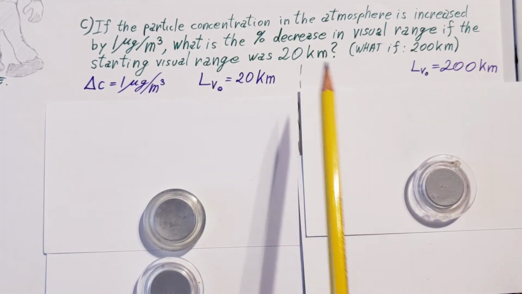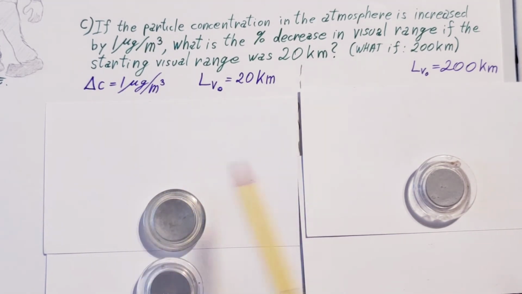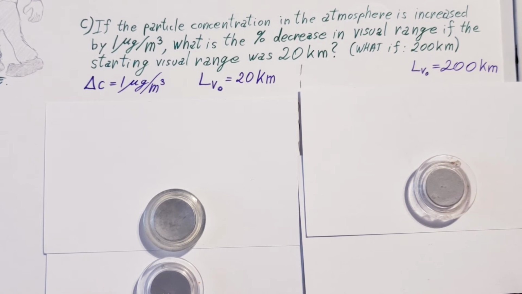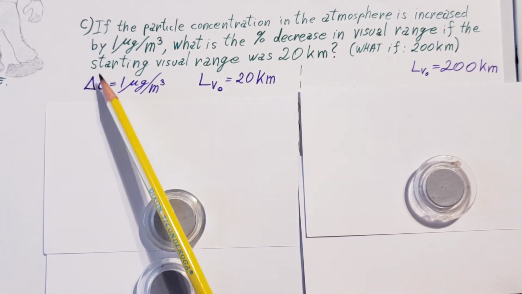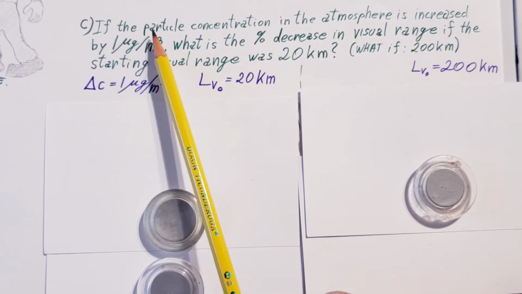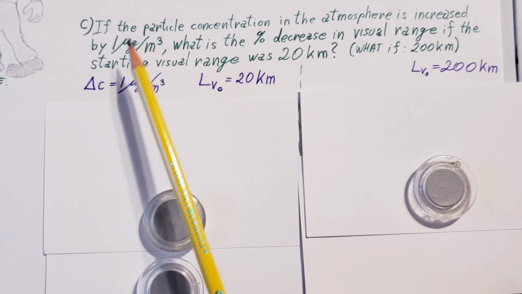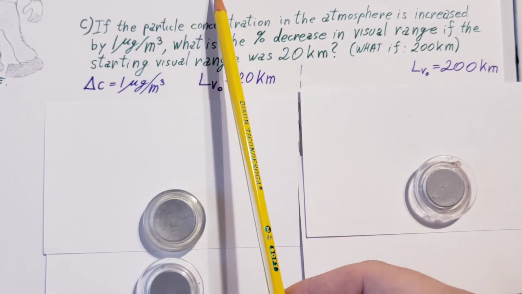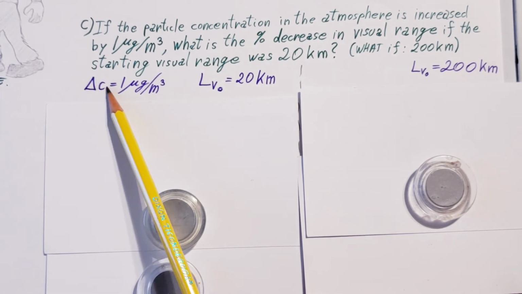I'm going to split the paper in two, the 20 kilometer on this side and the 200 kilometer on this side. Be careful, this 1 microgram per meter cubed is not the concentration, it's the change in concentration. I'm going to call concentration C, so this is delta C.